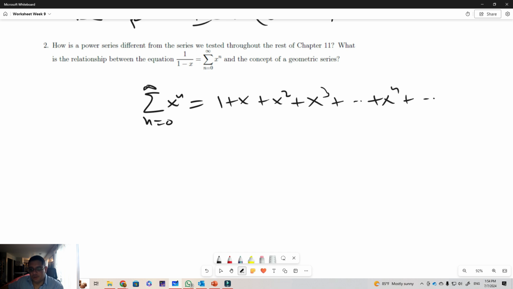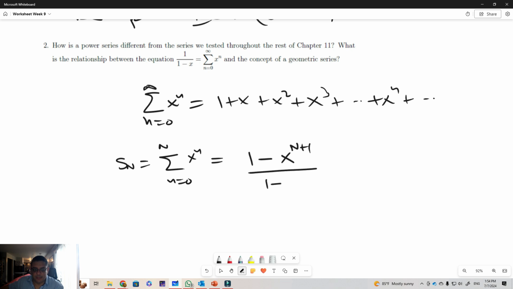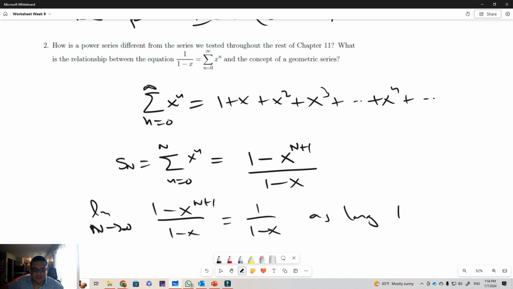And the partial sum of this, if we consider a partial sum here, is still going to give me 1 minus x to the n plus 1 over 1 minus x. So when we take the limit when big N goes to infinity of the partial sum, this is just going to be 1 over 1 minus x as long as the absolute value of x is less than 1, because otherwise this is just going to go to infinity.